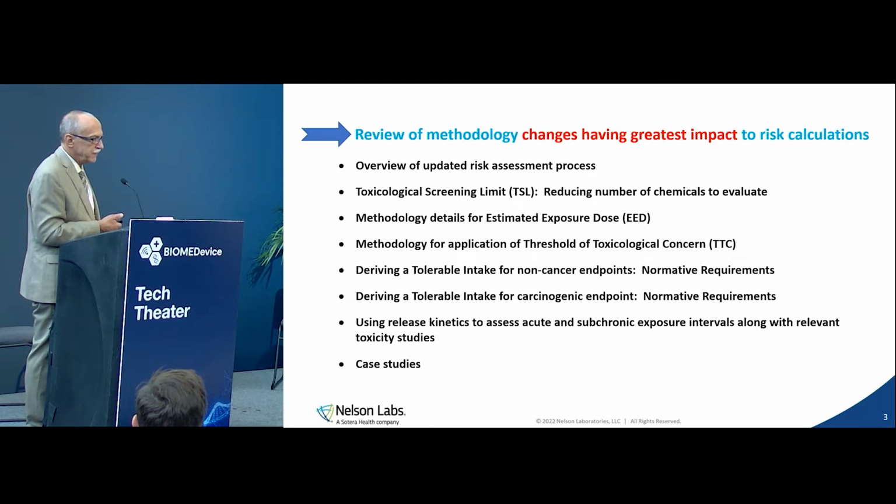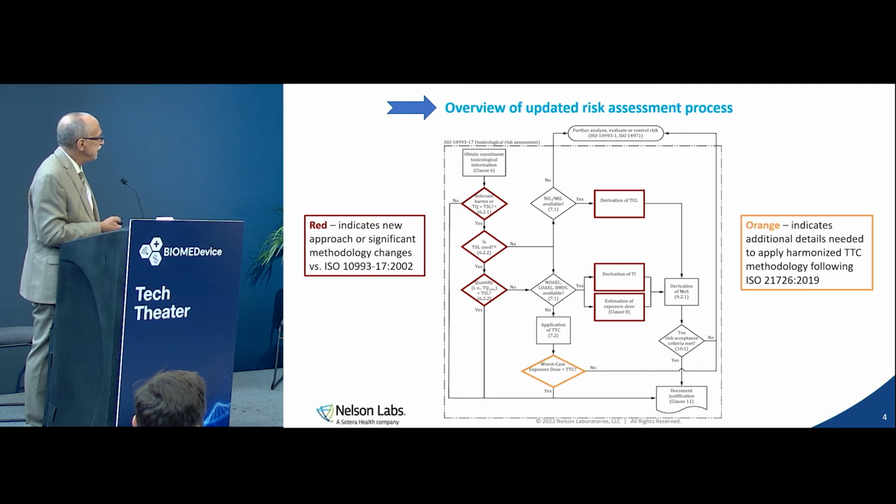Those are normative or mandatory requirements. Deriving a tolerable intake for the carcinogenic endpoint. Those are also normative. Using release kinetics, that's when you get your 24-hour series of extractions, to assess acute and subchronic exposure intervals along with relevant toxicity studies, and also a couple of case studies.